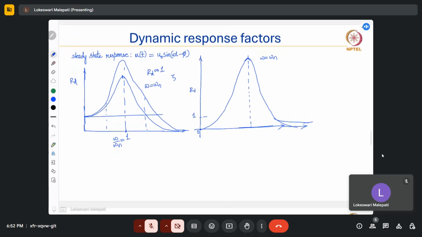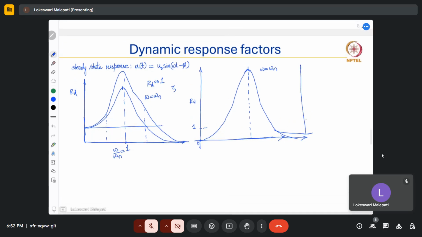For acceleration, for this also the peak does not occur at omega is equal to omega n, but at a somewhat smaller value.